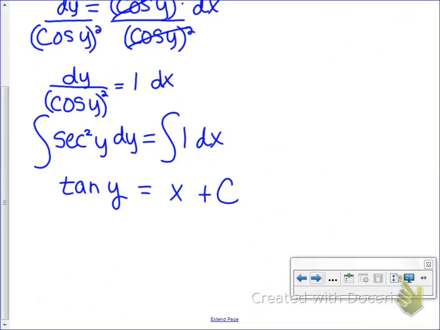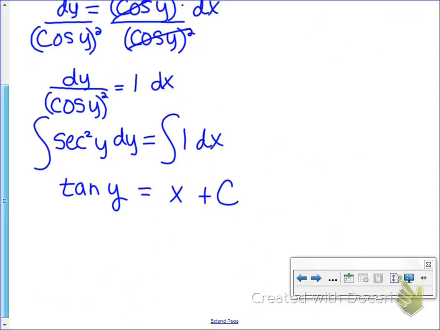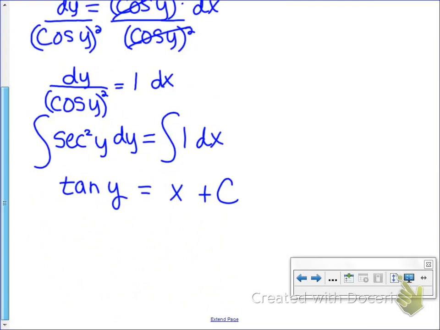Once again, we need to find c, and then we need to finish and solve, and I'll show you how to write the answer when we're done. So let's plug in 0, 0. We need the tangent of 0. Zero.